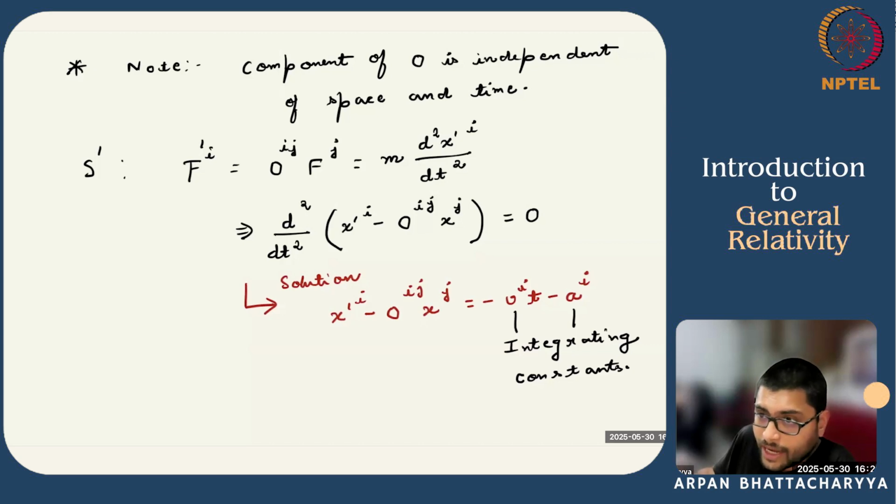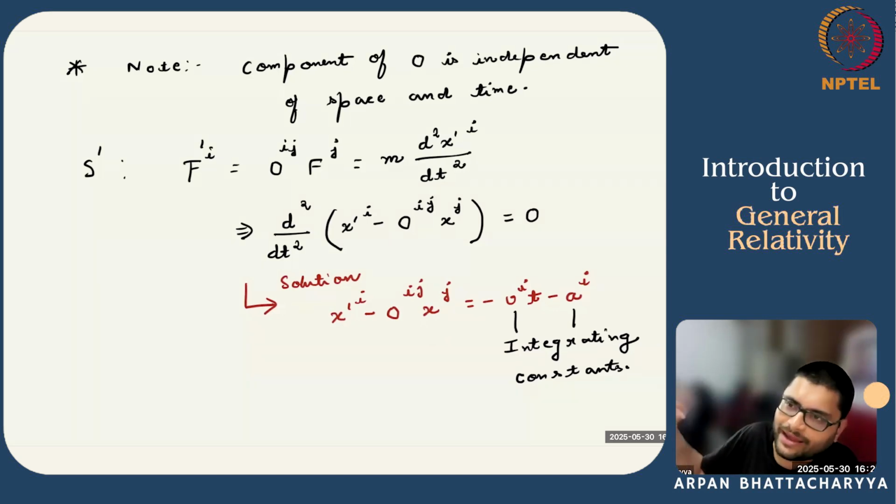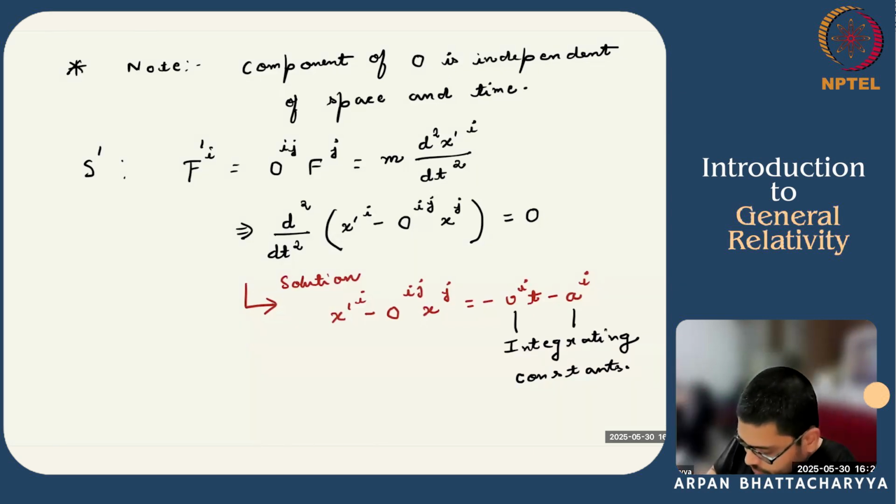And you can see the importance of the components of O being independent of x, because otherwise we would not have got this equation. So we can easily solve this and we get this. In this case, v and a are two integrating constants. Remember, these are vector quantities, so they carry a subscript i. Basically, you are solving three equations, right?